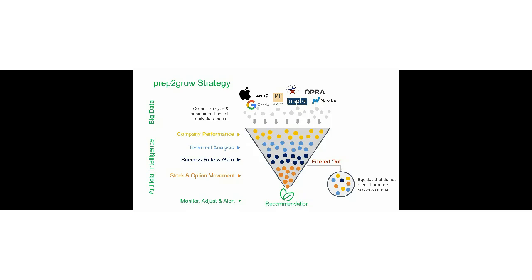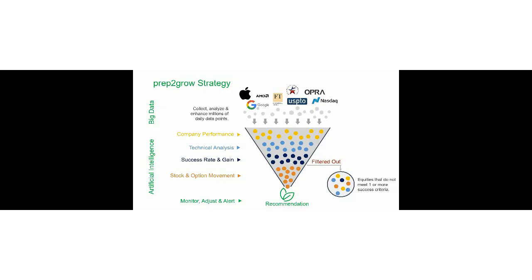Everything from corporations, from their 10Qs to their SEC filings, to their stock prices, to leadership changes, to new jobs they're posting, to anything related to them. We collect all public data, news information, patents that they're filing, and we also collect all option data and stock data, and we do this all day long, every minute of every day.